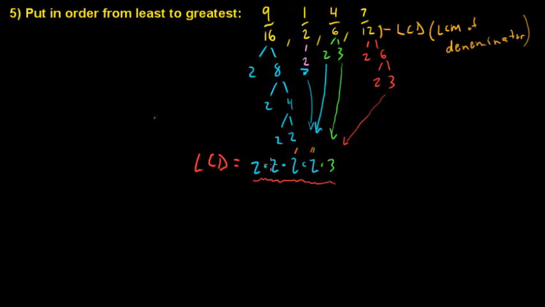So 2 times 2 is 4. 4 times 2 is 8. 8 times 2 is 16, and 16 times 3 is 48. Now, if you don't know that right off the bat, you can write it out. You can go, well, 6 times 8 is 48. Carry the 4.